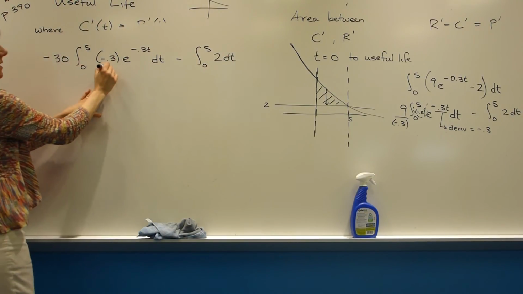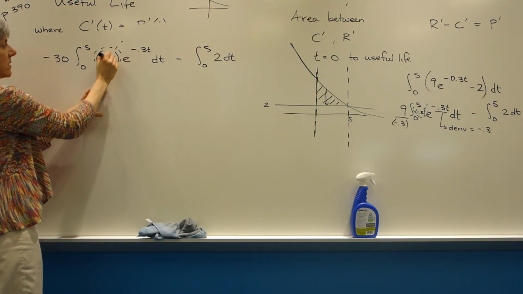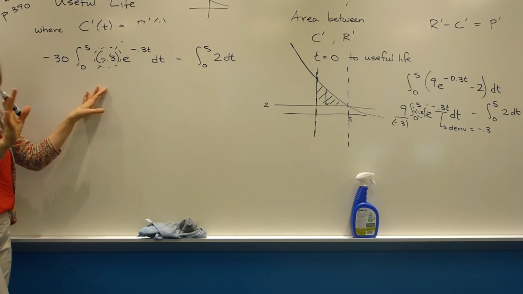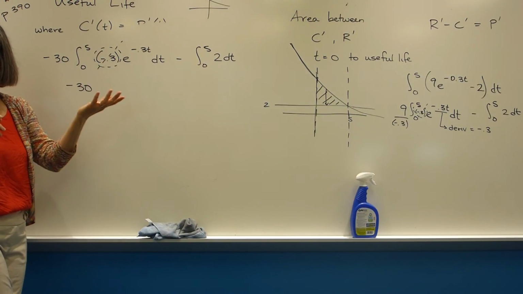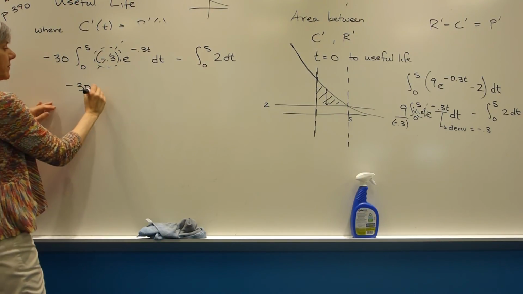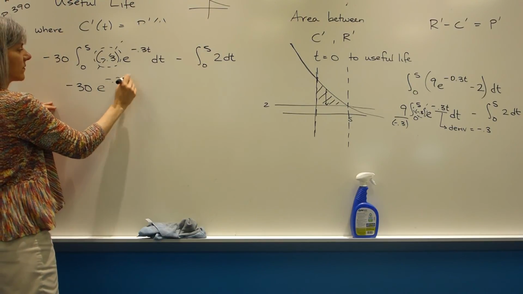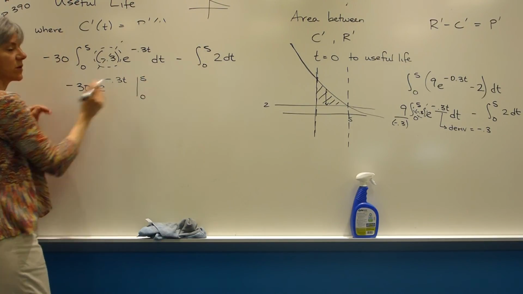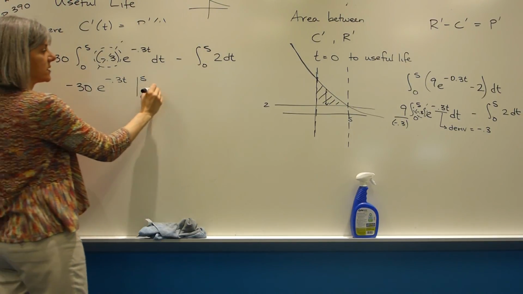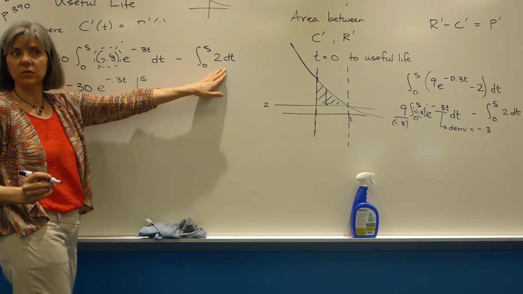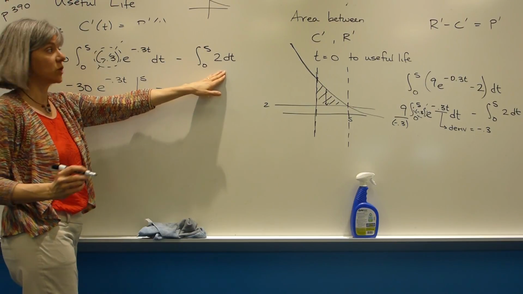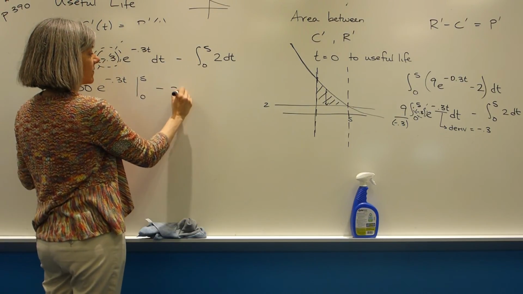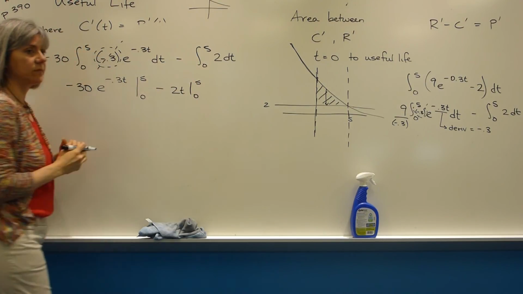Okay, so this piece right here is the derivative of the inside, so I don't need to worry about that. So negative 30, antiderivative of e is itself. This comes over to be an evaluation bar, minus antiderivative of 2, I mean, 2t, right, 2t, from 0 to 5.